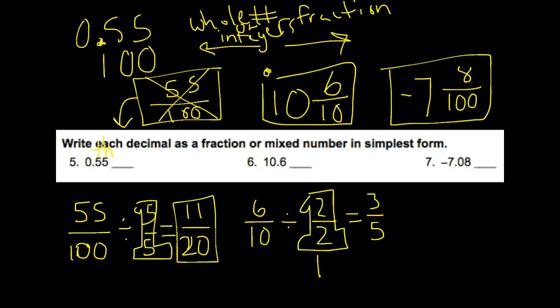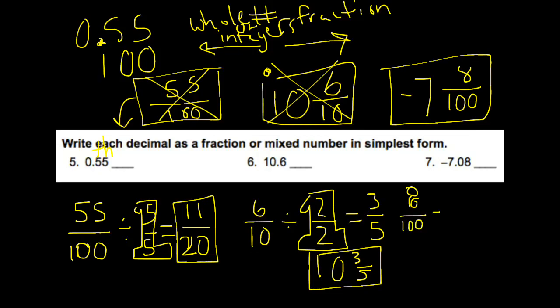So my answer is 10 and 3/5. So I'll box in that new answer and put an X through 10 and 6 tenths because I didn't simplify 6 tenths.